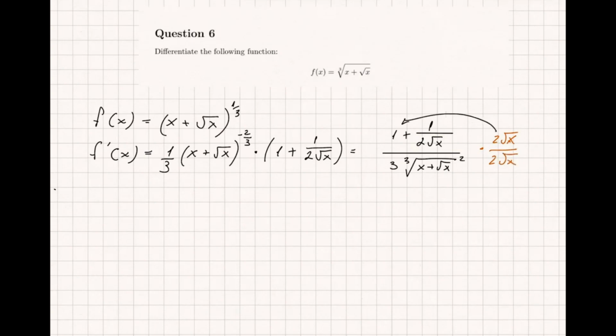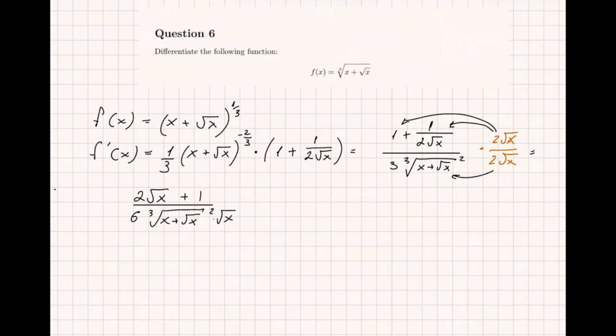So in this case, I would have 2 square root of x plus 1 over 2 times 3 is 6, cube root of x plus square root of x squared times square root of x. So now I can technically write this a bit differently, or I can actually leave it as is, and this is the end of the problem.